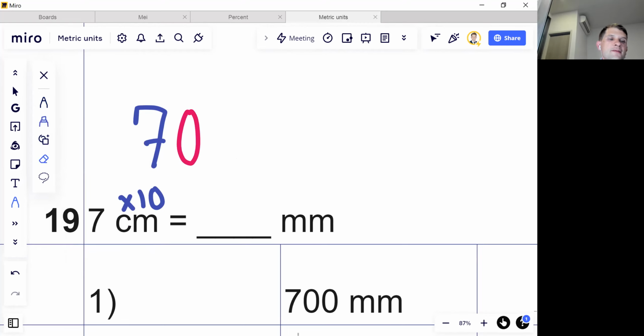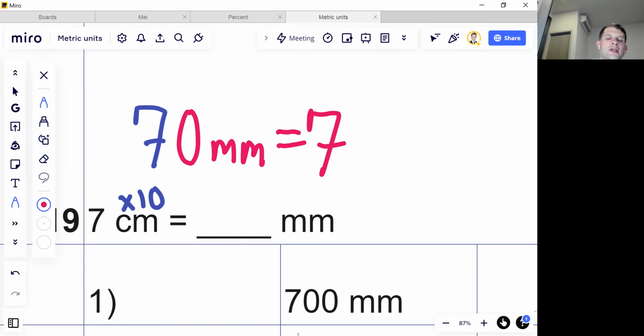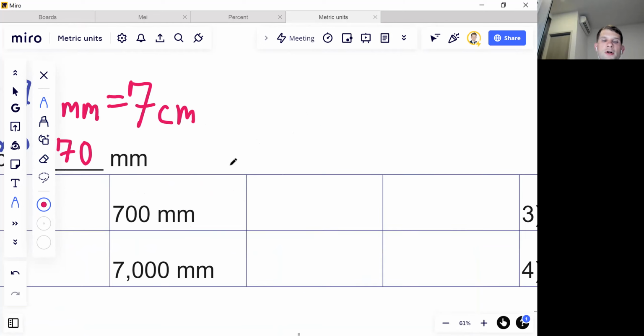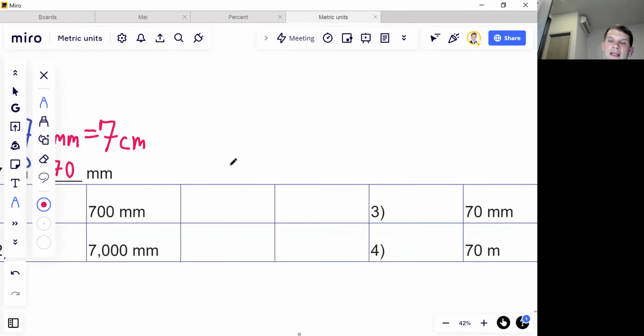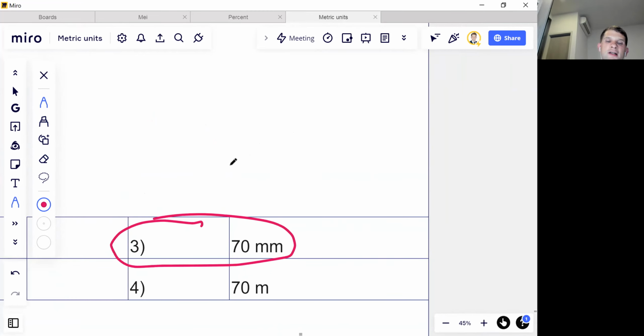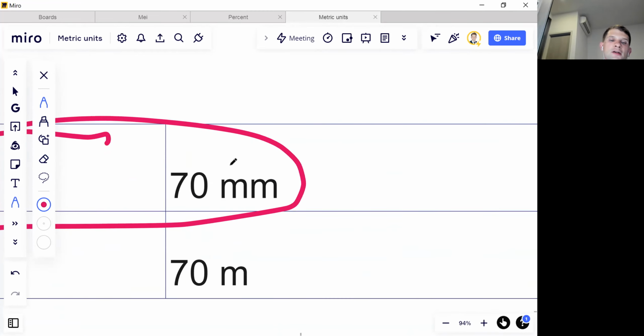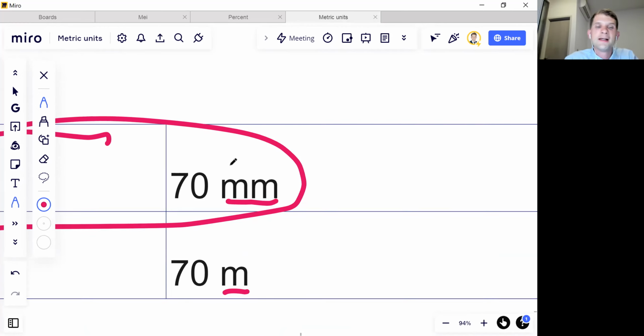So we have 70 millimeters is equal to 7 centimeters here. So you should pick option number 3, 70 millimeters. And again, be careful, as we have millimeters here and meters here.